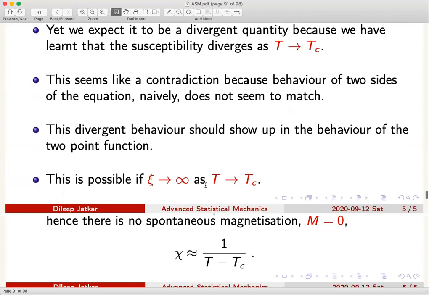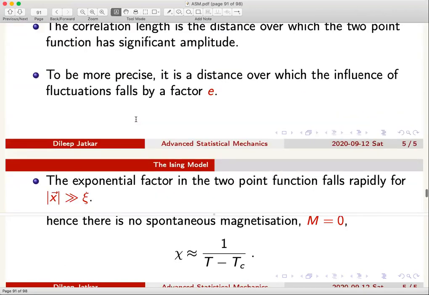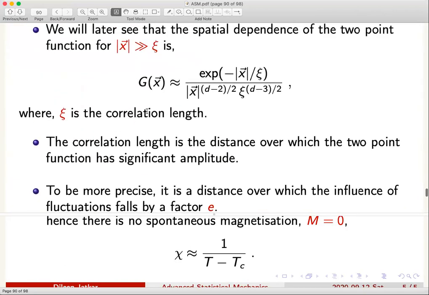So as the temperature approaches Tc, if c goes to infinity, then you see what happens here: e to the minus this quantity goes to 0, so this entire factor basically just becomes 1.